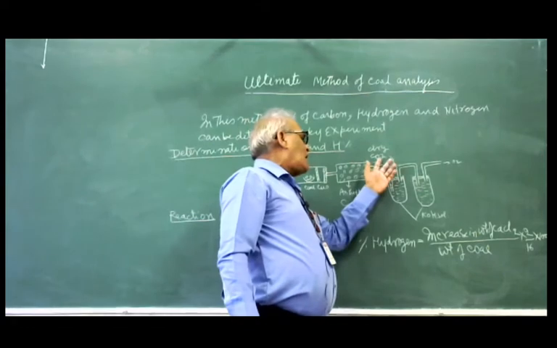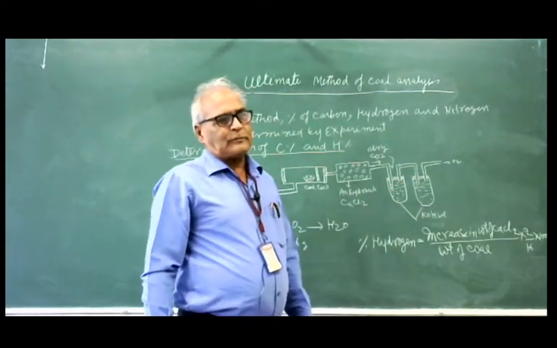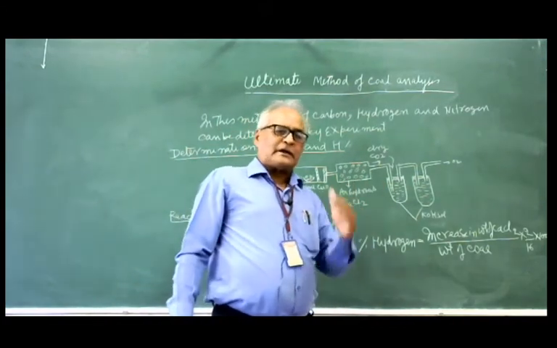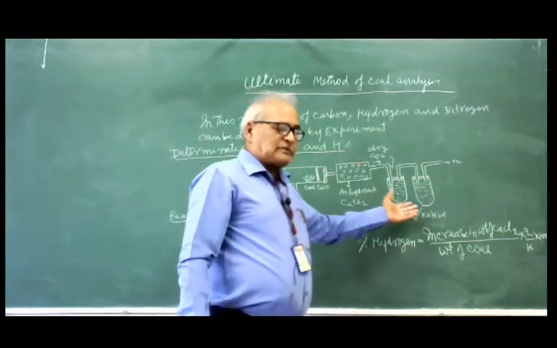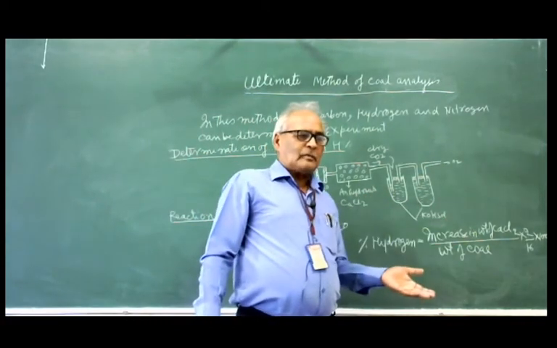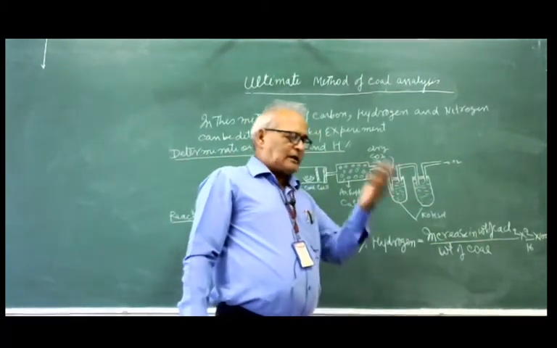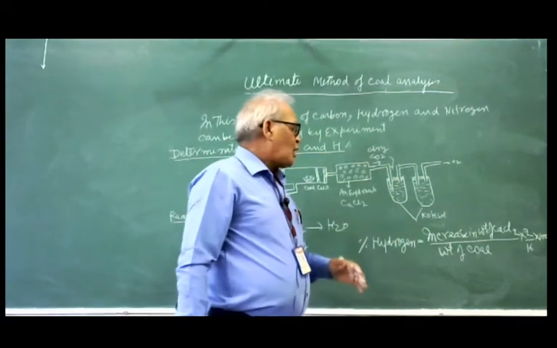Again, dry carbon dioxide will pass into KOH solution, whose initial weight is known. When you pass carbon dioxide, potassium carbonate will be formed, and the weight of this chamber will increase. Weigh it out, and you will find the increase in weight.